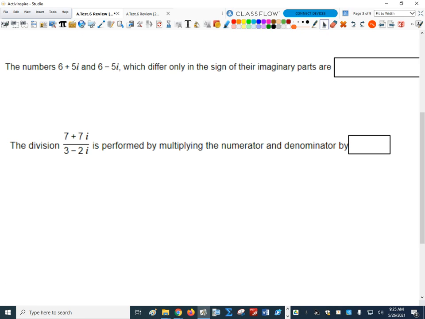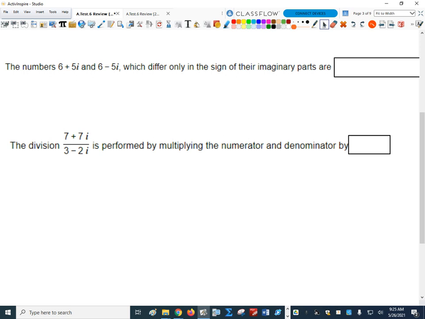Okay, so what about this one? The numbers 6 plus 5i and 6 minus 5i, which differ only in the sign of their imaginary parts, are called what? Yeah, complex conjugates. That's the definition.